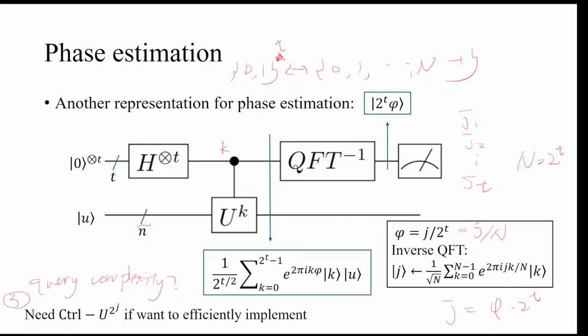U to the j can be implemented with just poly j gates here. That's the third tricky point about phase estimation.